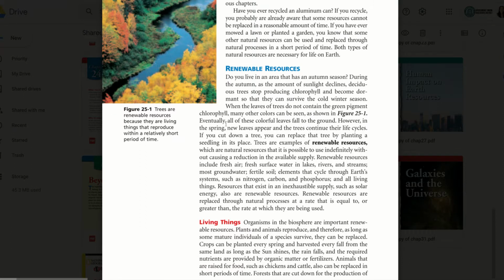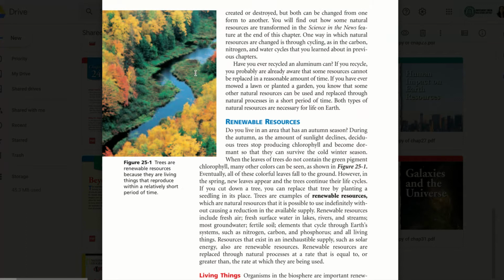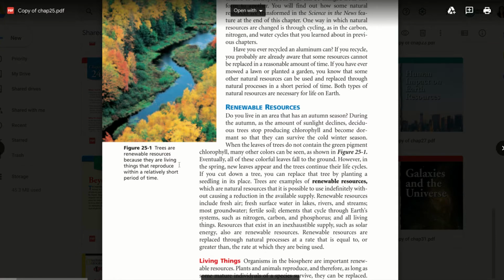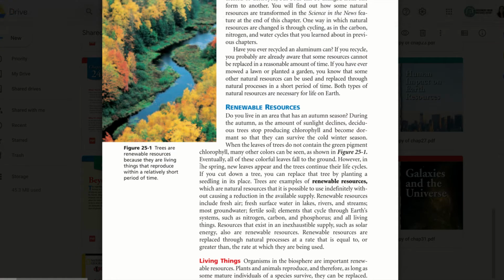When the leaves of trees do not contain the green pigment, chlorophyll, many other colors can be seen, as shown in figure 25.1. Eventually, all of these colorful leaves fall to the ground. However, in the spring, new leaves appear and the trees continue their life cycles.